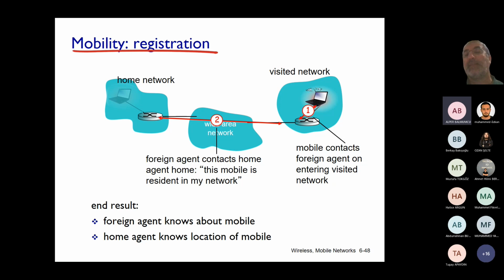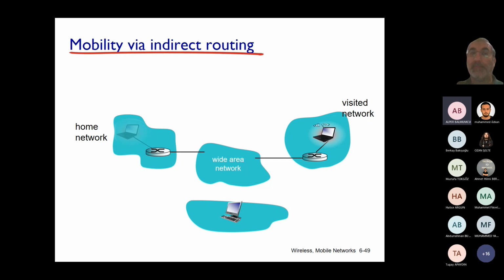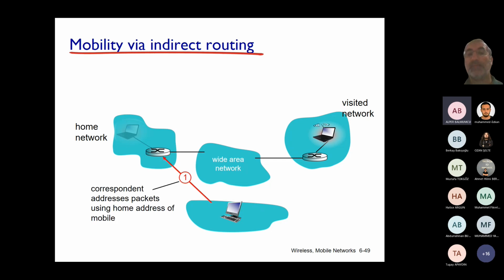So at the end of the day, the foreign agent knows about mobile and the home agent knows the location of this mobile. So after the registration, let's say there's a correspondent and one of your friends wants to talk to you.